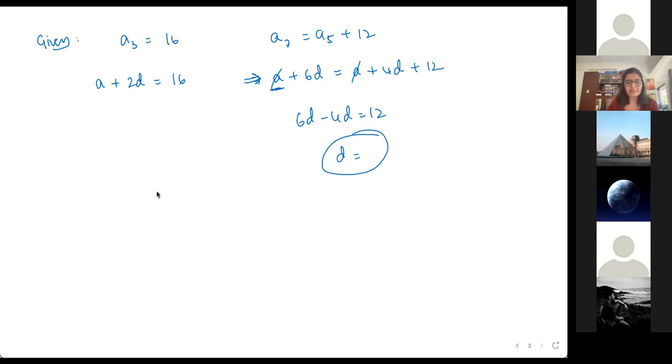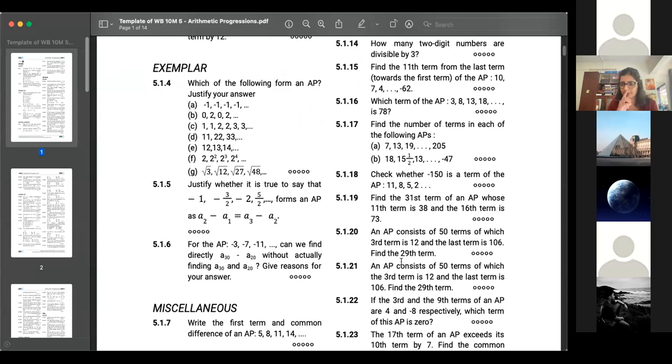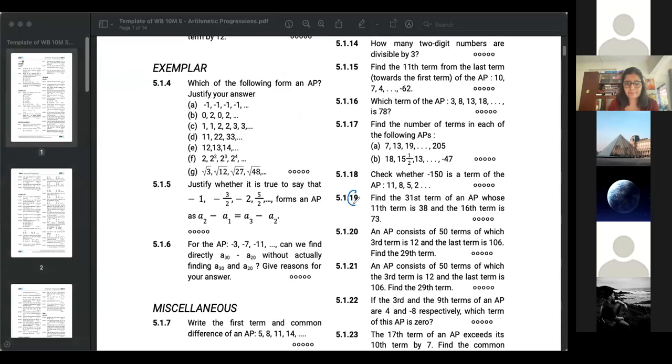Okay. Question number 19, Puneet is done. Puneet is the only one who's done. The rest of you are still solving. So A31 equal to how much? For this we need A and D. You can put them in the formula. You're given A11 equal to 38 and A16 equal to 73. Okay. Elena has solved it. Mansi, I have not done it, so I don't know that yet.